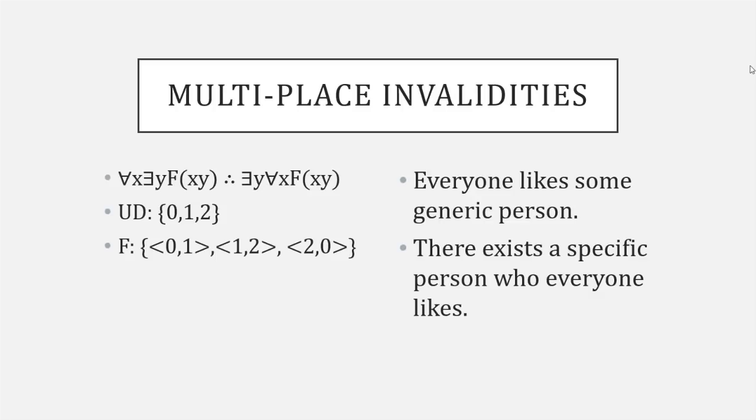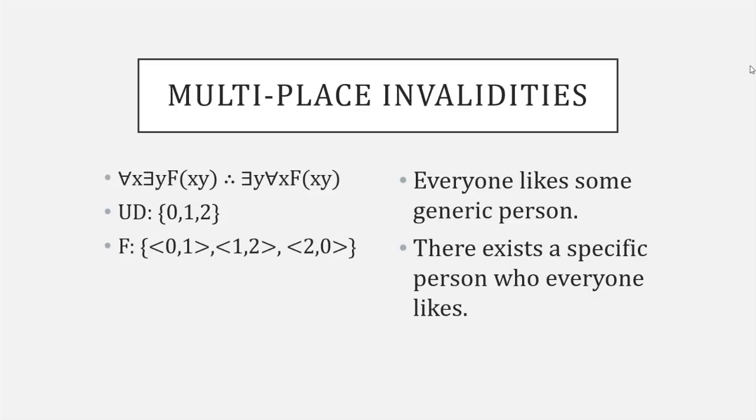For the F predicate, why do you list all 3 potential pairings? That isn't even all of the potential pairings. Those are just some that we filled out. I didn't list, for example, 1, 0, or 0, 2. There are way more possible pairings. What this says is that these pairs are the things the F predicate applies to, and if I left out a pair, then it doesn't apply to the left out pair.